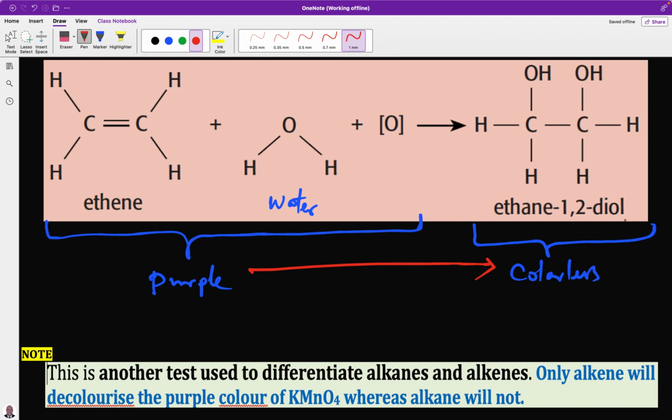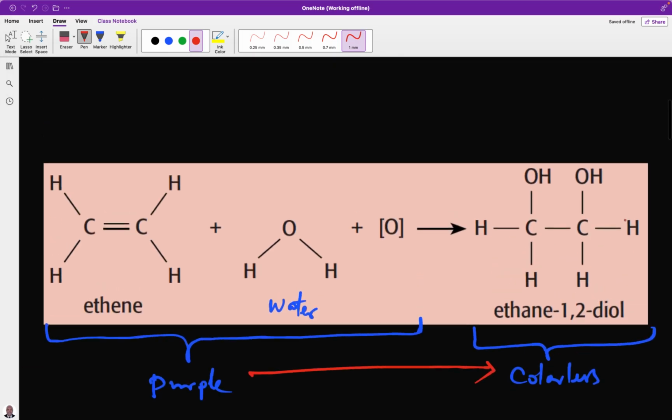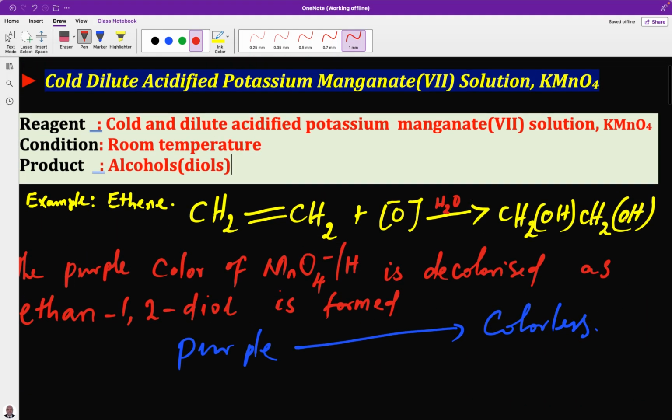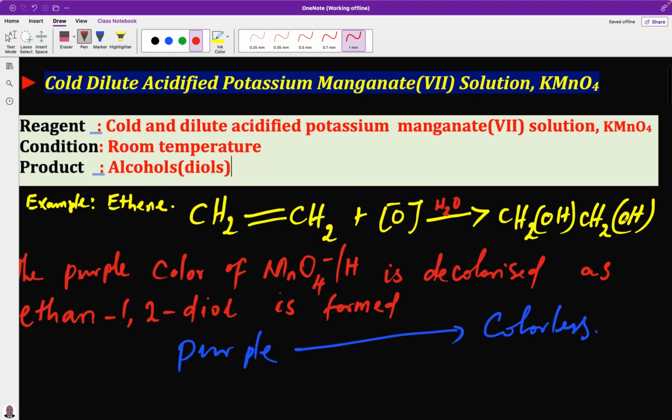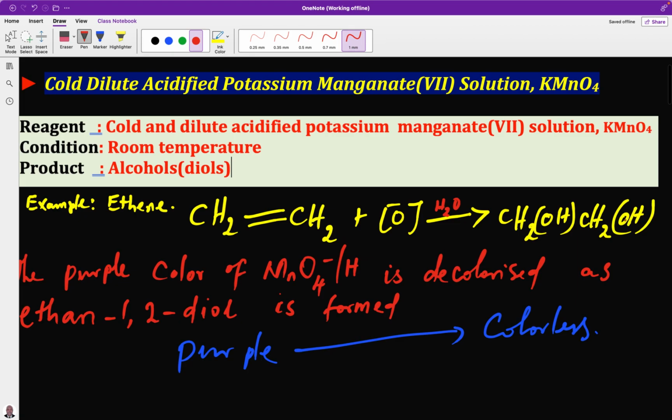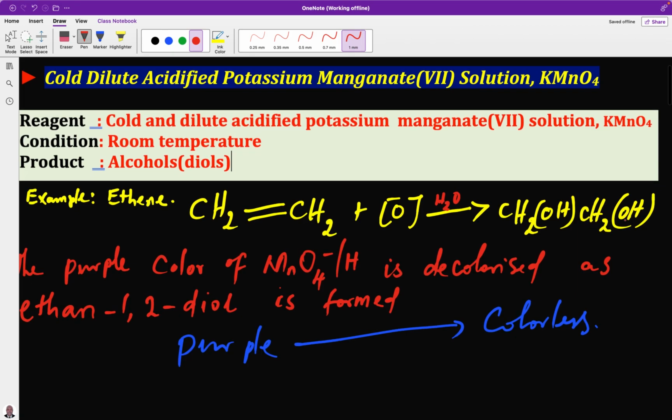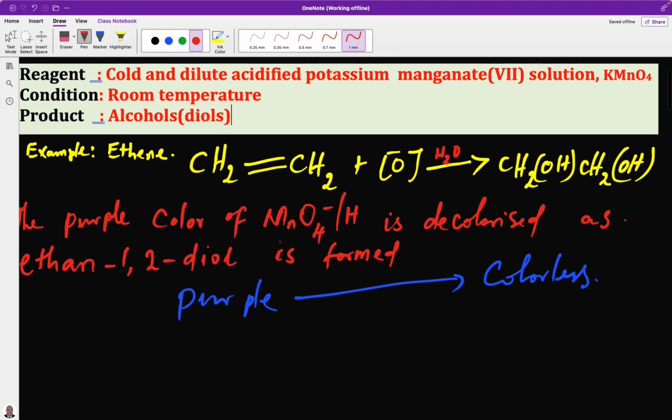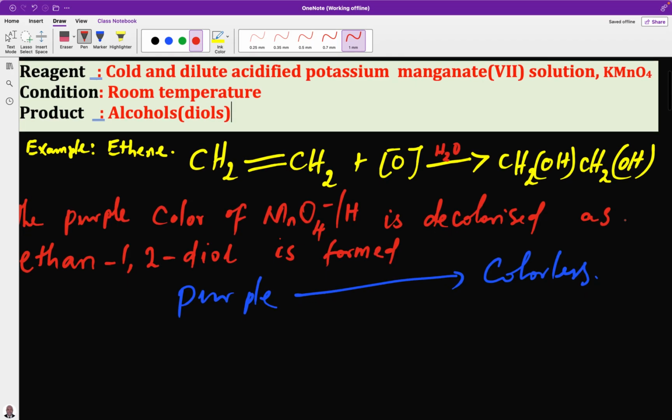So it takes us to the second condition. The first condition, as I said, is cold dilute acidified potassium manganate 7 solution. When reacted with an alkene, what happened?